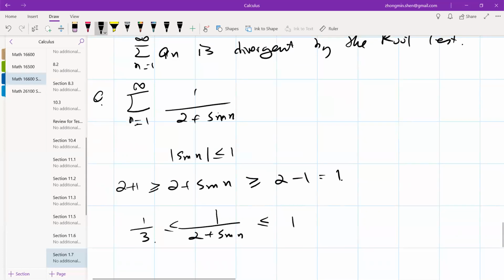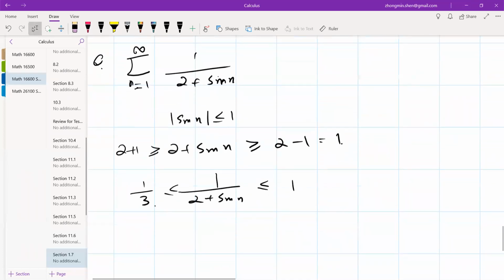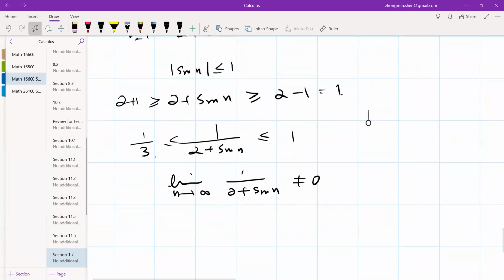As long as you observe that, you see that the nth term never approaches 0. So the limit, if it exists, is not going to be 0. It's always between 1/3 and 1. So that means the series is divergent by the nth term test.